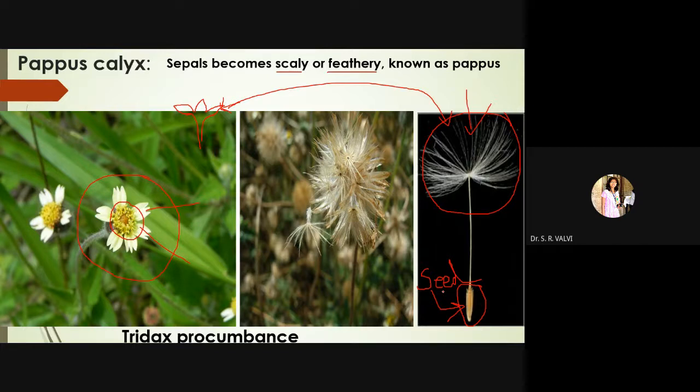These sepals look feather-like. Birds have feathers, and with the help of feathers, birds fly in the sky. The same function is played by these sepals. With their help, the seed is migrated from one place to another.